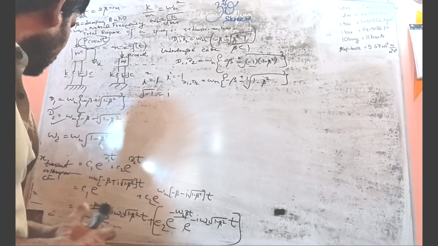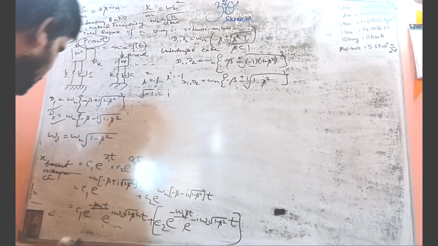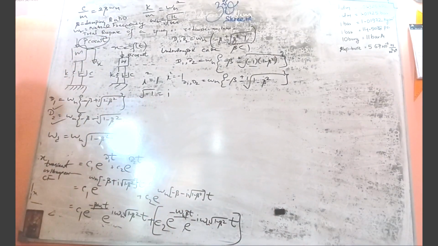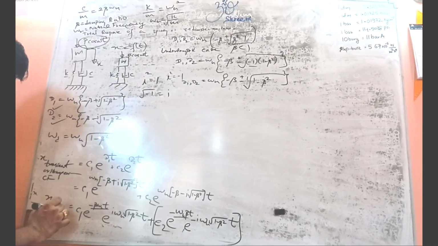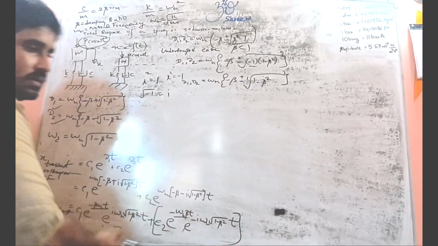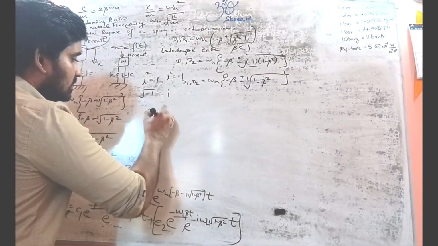So next thing is to take the possible factors. X, the transient response, and now let's carefully take the factors.